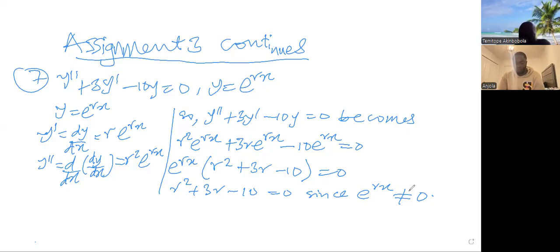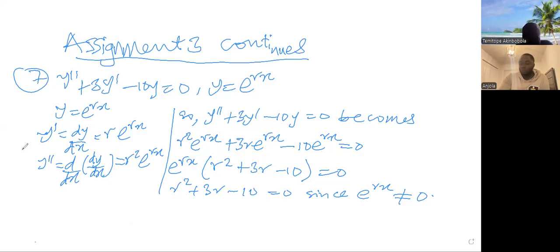At worst, it will become 1 if r or x is 0. So at worst, e raised to power rx will be 1. It can't be 0. So we are pretty sure that it is r squared plus 3r minus 10 that is 0. Hope that makes sense to you.